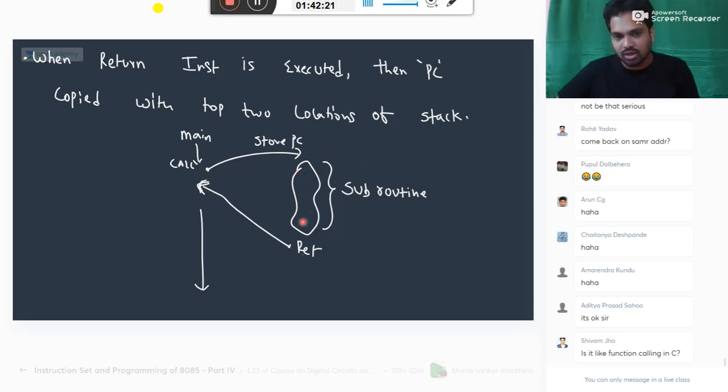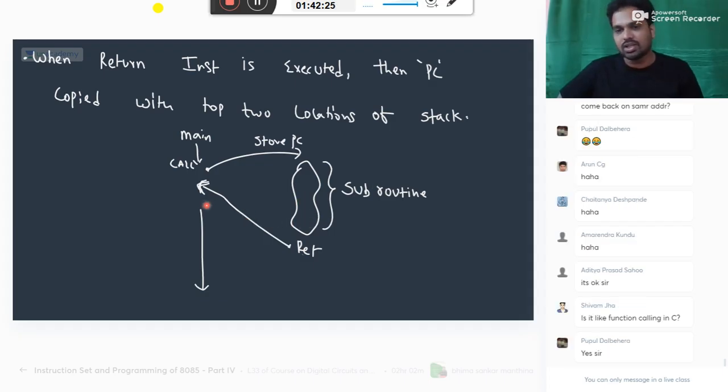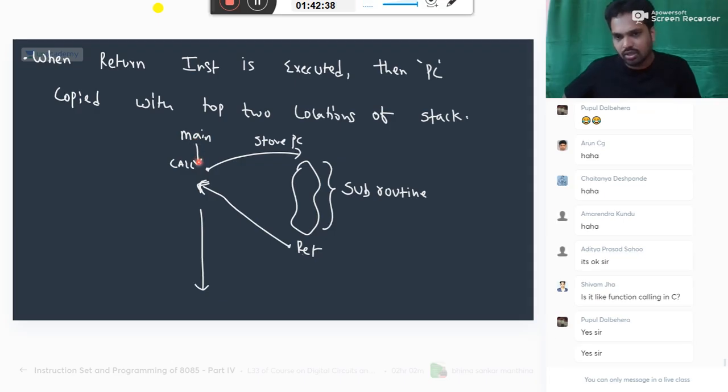Then again, before return, pop your accumulator and all, and then go back. The flags, the accumulator, whatever is there, will be stored in the stack before doing the subroutine, because the subroutine should not disturb the previous values of the accumulator, etc. Maybe some program is running up to this. So a healthy programmer will take care of those things also. But if you don't mind destroying other programs, then you need not worry about those things. You do your job, done.